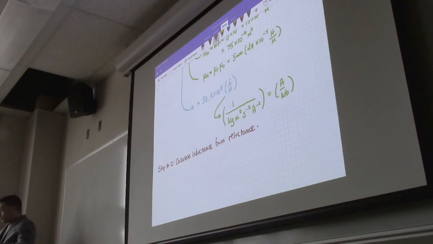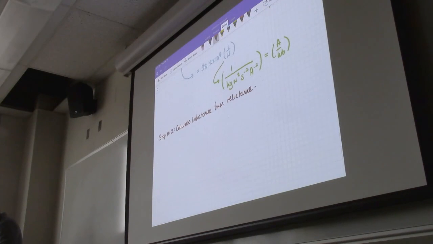Inductance is equal to n squared, a unitless value, over the reluctance, which is going to give us 100 squared over our 38.2 times 10 to the 4. And we'll just go ahead here and use 1 over henries to make things easier. And we end up with 26.18 millihenries.